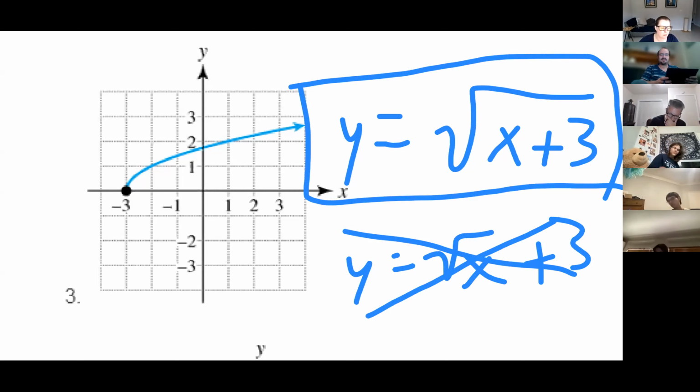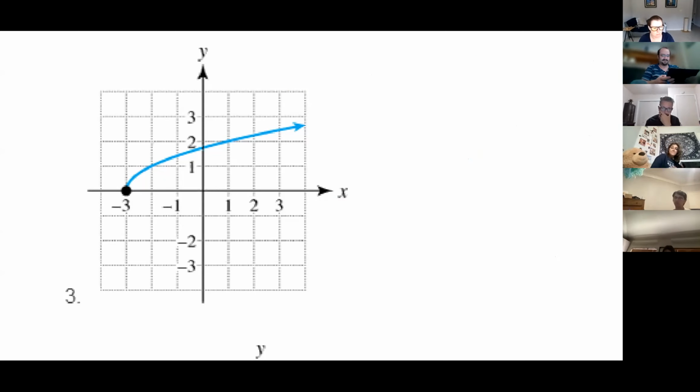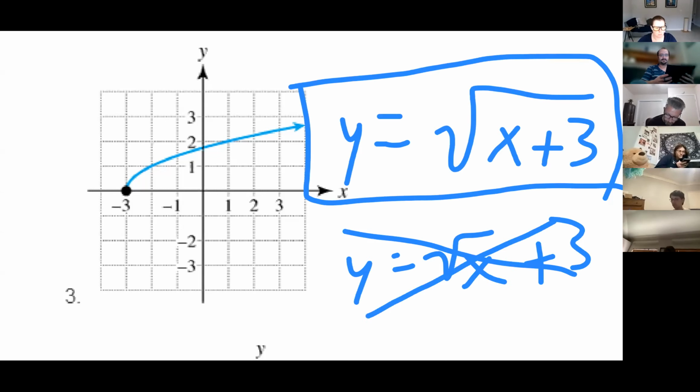All right, 1, 3. The next one is number 5. I have a question. For number 3, when you said that it's going right, that means we have to add. And when you say it's going right, you're talking about the arrow, right? This thing is going left 3 from what it usually is.